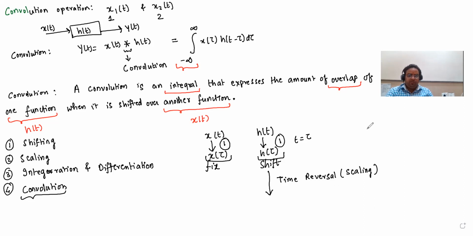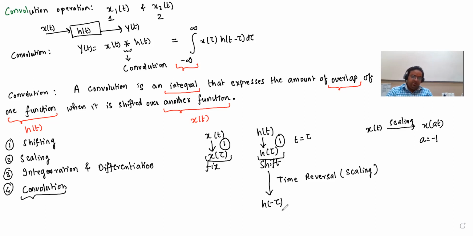Scaling operation is, if I do this, just a signal for an example, if I'm performing scaling here, so this is x of a t. This is what we do when we scale the signal. So when a is equal to -1, we say that we have performed the time reversal operation on that particular signal. So when we do time reversal, this becomes h of minus tau.